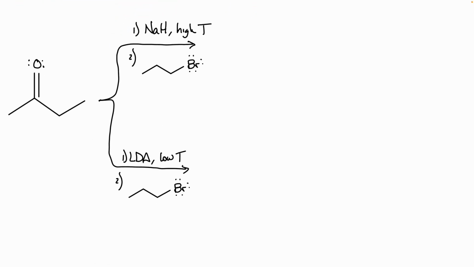Our difference here is exactly where that enolate ion forms. If we use our sodium hydride at high temperatures, it'll form on that more substituted carbon. And if we use our LDA at low temperatures, it'll form on that less substituted carbon.